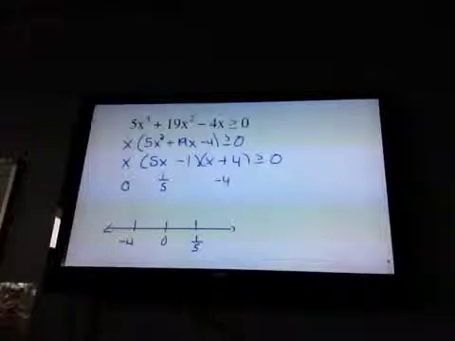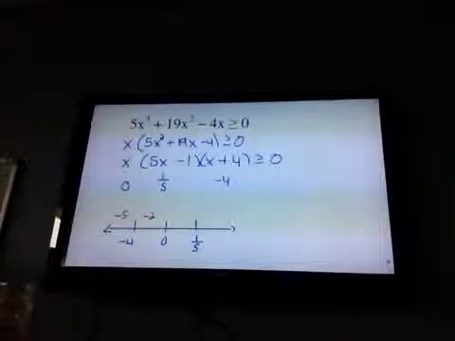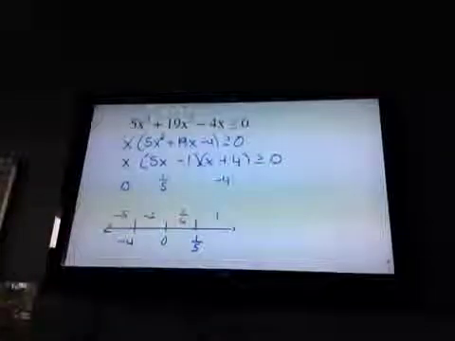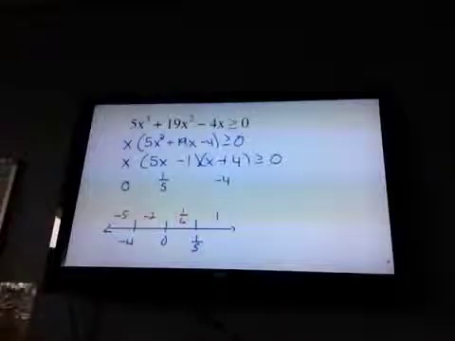Negative 5. A number between negative 4 and 0. Negative 2. A number between 0 and 1/5. 1/6. A number greater than 1/5. 1.